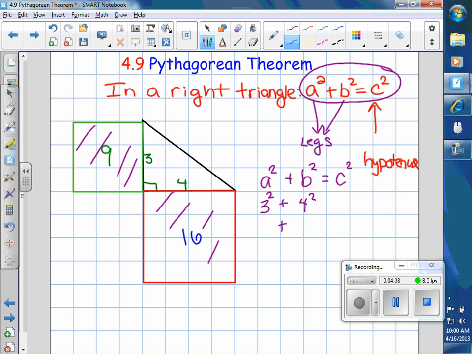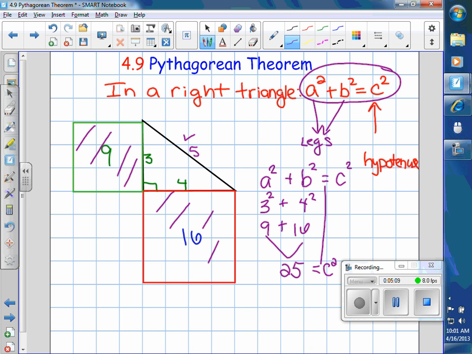If I add those up, I have 9 and 16. You see that? So when I add 9 and 16, I have 25, and 25 must be equal to c squared. So if I drew a square over here, it should have an area of 25, and the side length should turn out to be 5.